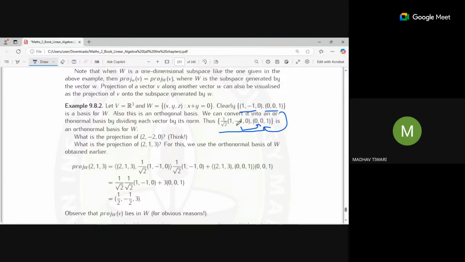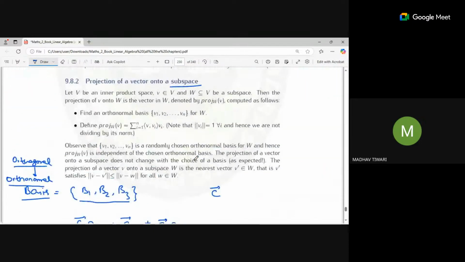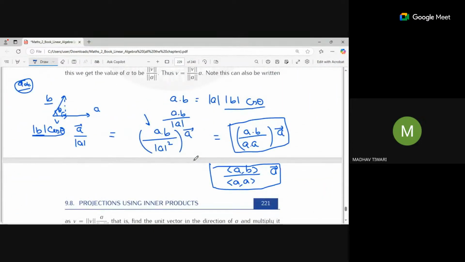Now if I want to find the projection of (2, 1, 3) on this vector, in the same way I will first take the dot product of this with this, and then multiply. If you have an orthogonal basis, you have to write this formula or this one. But if you have an orthonormal basis, the length of A in the denominator is already 1.